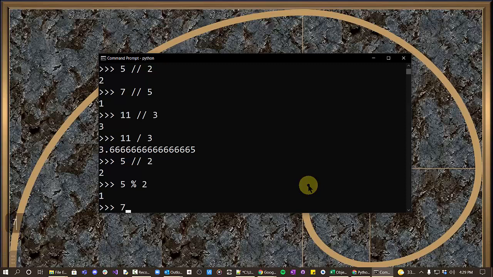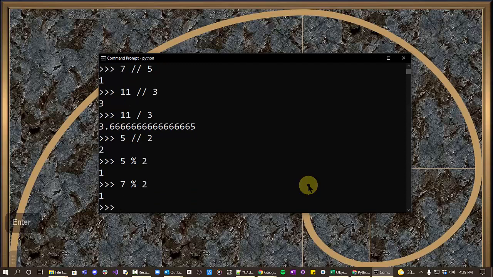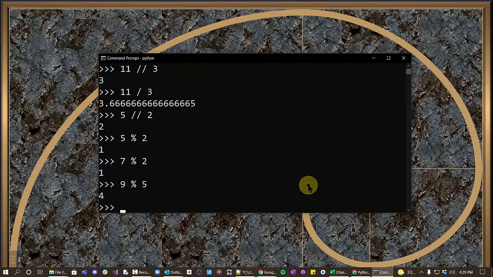If I were to do 7 modulus 2, again, I would get 1. If I were to do 9 modulus 5, 5 goes into 9 one time with 4 remainder, and so I get 4.